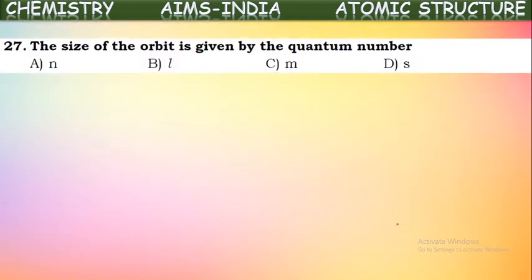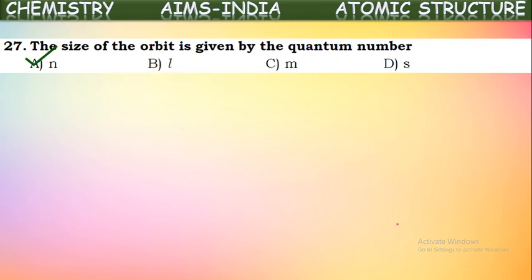Okay, next. The size of the orbit is given by the quantum number. Each and every quantum number represents one particular property of the electrons. Out of those four quantum numbers, the principal quantum number indicates the size and energy of the particular orbit. So size and energy are given by principal quantum number n.